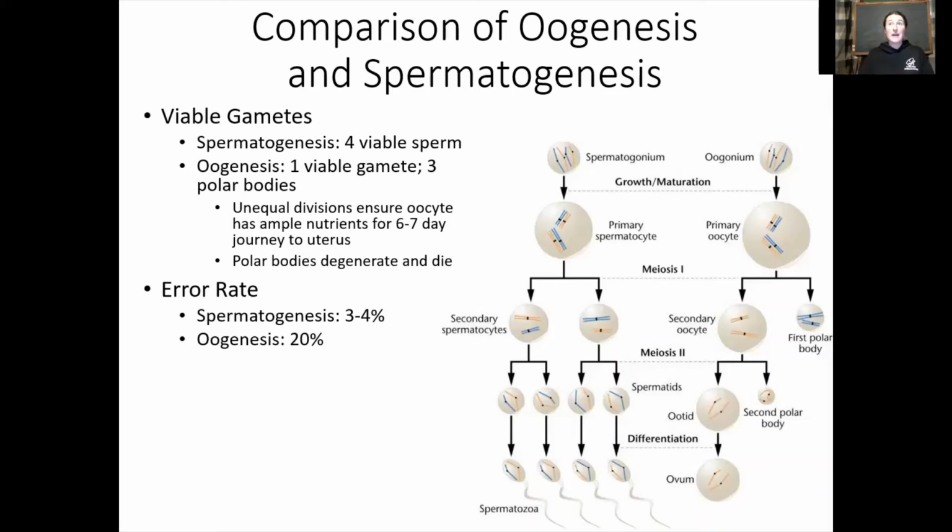And so if a male fertilizes an egg in his 60s, 70s, 80s, his chances of producing an offspring with genetic abnormalities is greatly increased because of the so many times these cells have been copied.